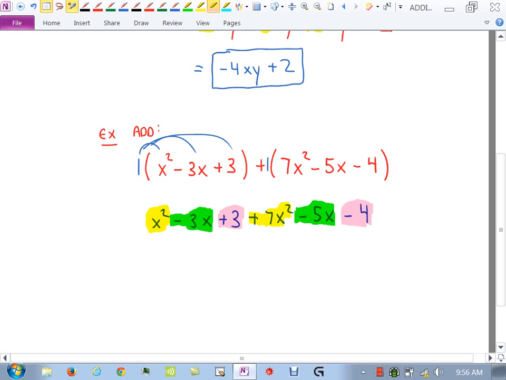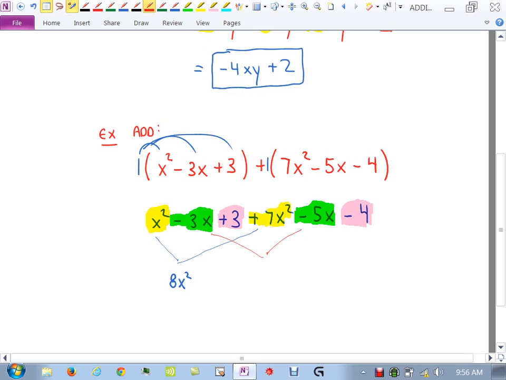So how will you put the first two together? How do these come together? Add the coefficients, right? So add the 1 that's not written but in front here to the 7, so you get 8. 8x squared. And then you do the same thing with the green ones here.